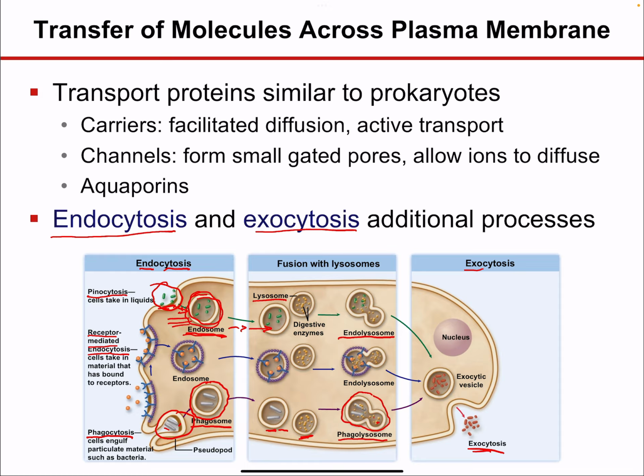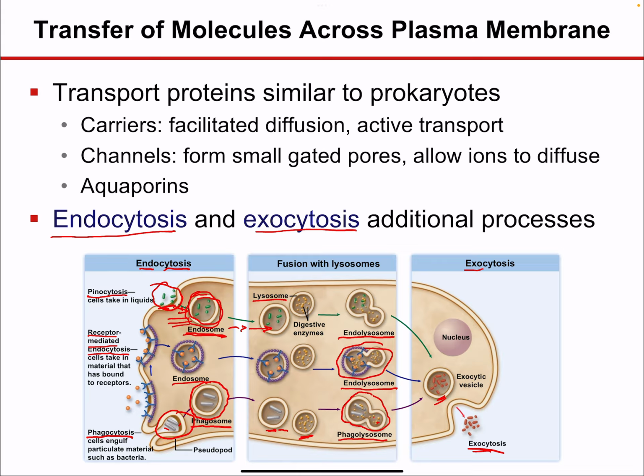That vesicle is called an endosome. That endosome is going to travel and merge with the lysosome, and again we're going to have the endolysosomes, and the content is going to be broken down, and the byproduct of that digestion is going to be dealt with accordingly.